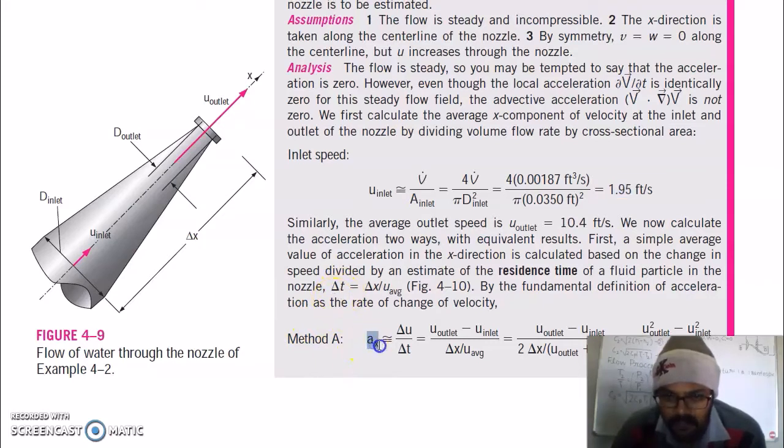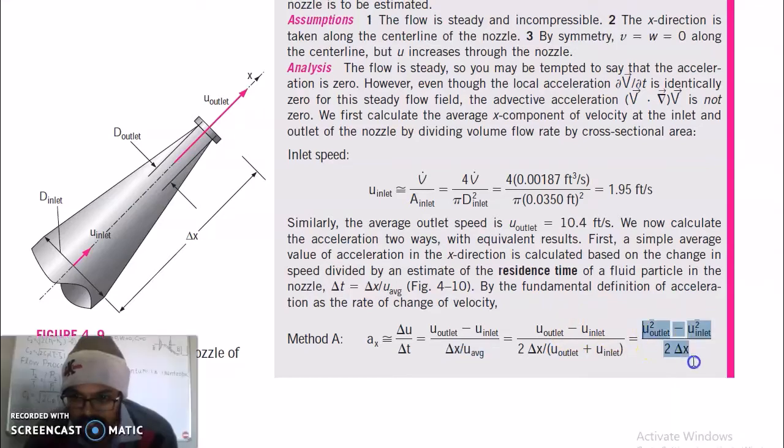Now from the definition of acceleration, acceleration is the change of velocity, meaning the difference of outlet velocity and inlet velocity, divided by total time, which is del u by del t. So U outlet minus U inlet divided by this average time, where U average is U outlet plus U inlet over 2, and it goes in the denominator. So this is your acceleration here.